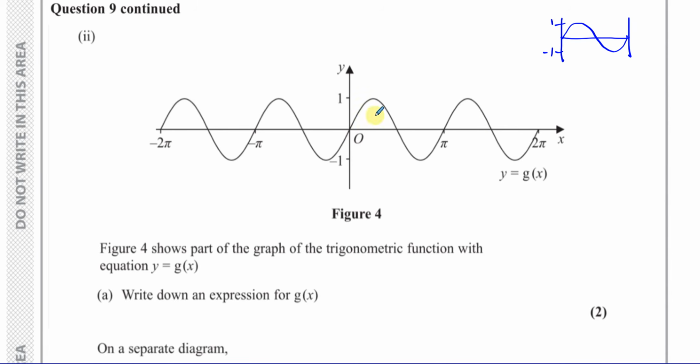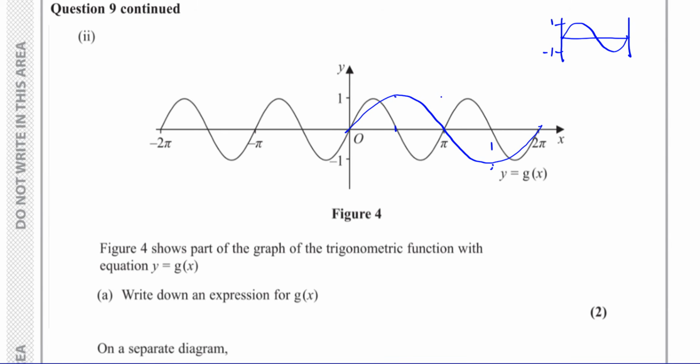Normally for the sine curve, pi over 2 would be your maximum, but for this, it would go like this, with pi being 0, minus 3 pi over 2 a minimum, and then at 2 pi it will be 0 again.